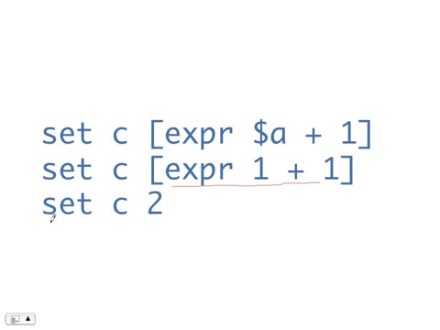So this whole thing will be substituted with 2, and the command set c of this whole thing will become set c 2. So my variable c will have the value 2 after the command is executed.